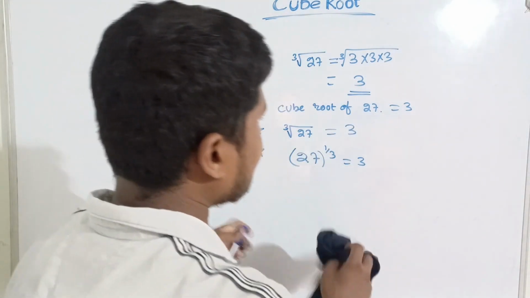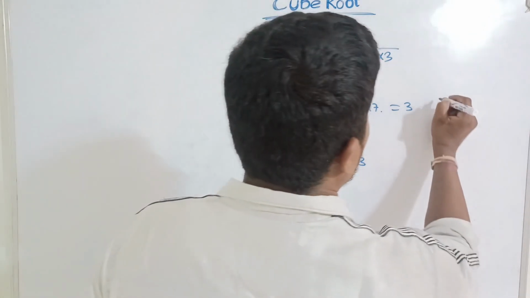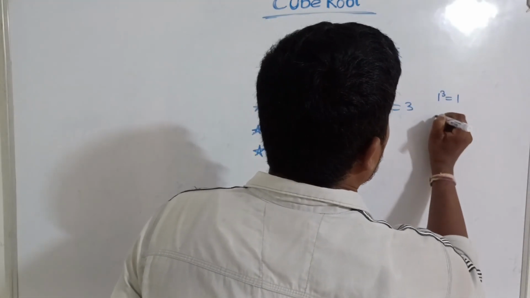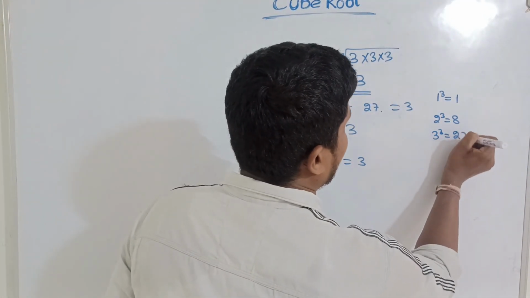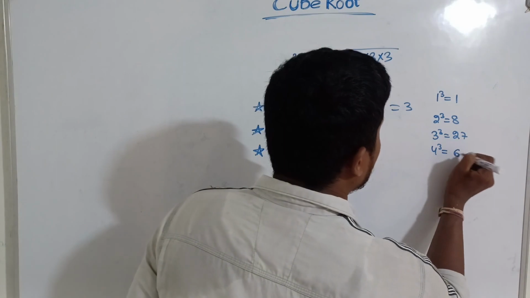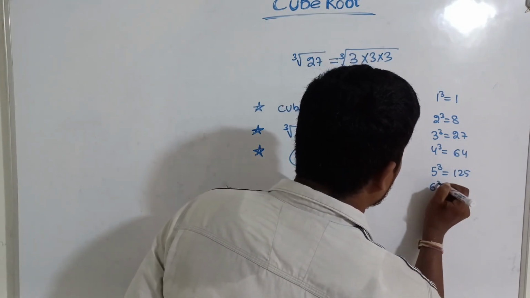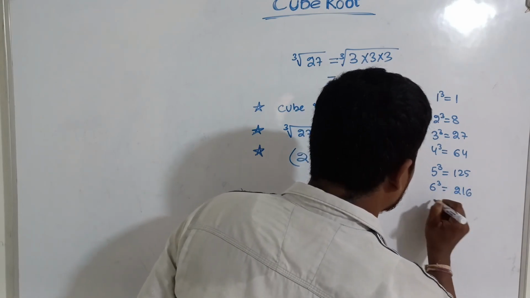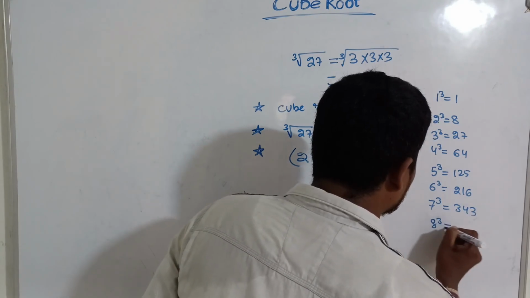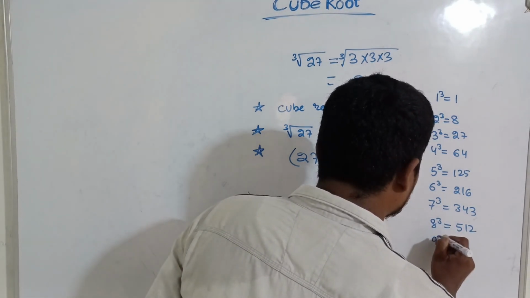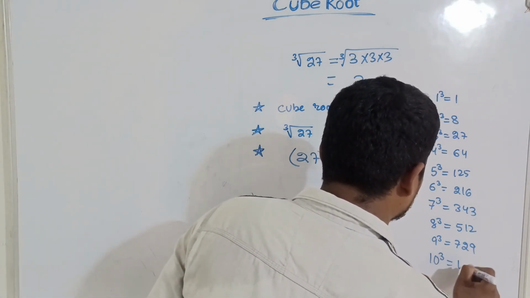Let's check it out. I want to write down the cubes of 1 to 10. 1 cube is 1, 2 cube is 8, 3 cube is 27, 4 cube is 64, 5 cube is 125, 6 cube is 216, 7 cube is 343, 8 cube is 512, 9 cube is 729, and finally 10 cube is 1000.